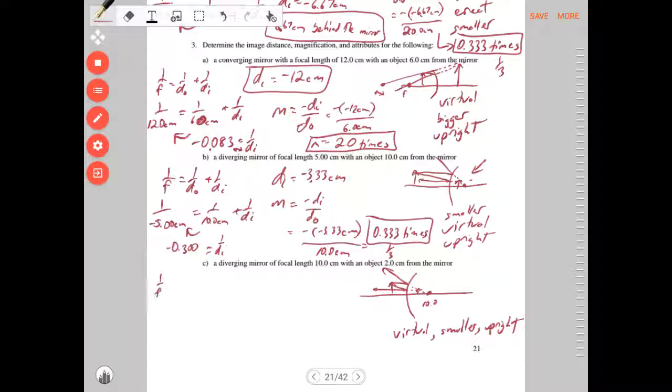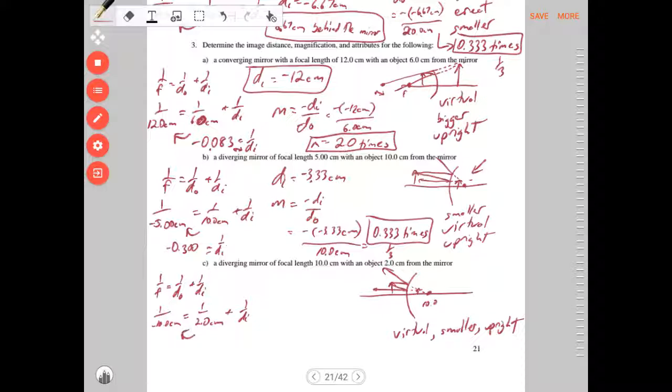And then 1 over f equals 1 over do plus 1 over di. Okay, so oh look, the focal length is behind the mirror, so it's negative. So 1 over negative 10 centimeters equals 1 over 2.0 centimeters plus 1 over di. Okay, so 1 over 10 minus 1 over 2, right?